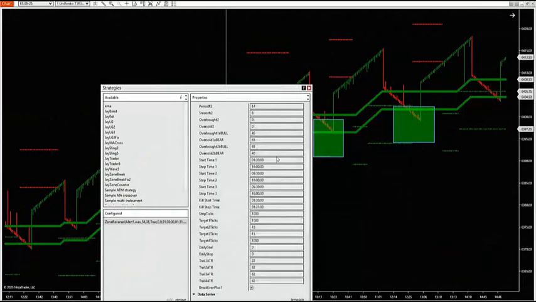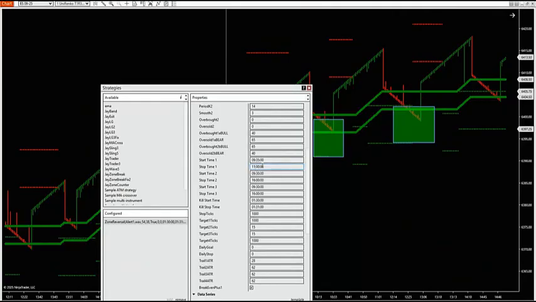You can have it trade anytime you want it to trade also. If you only want to trade from, let's say, 9:35 when the market opens, New York opens, to 11 o'clock, you can do that, and you can have multiple windows of trading.